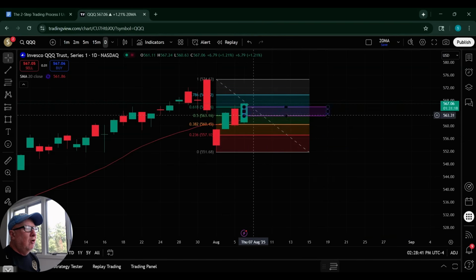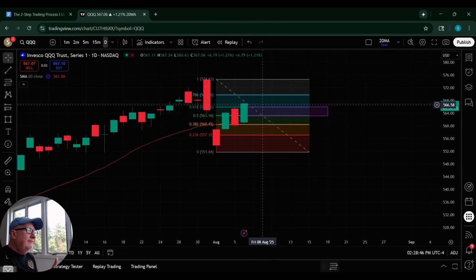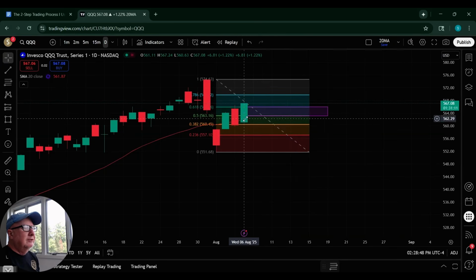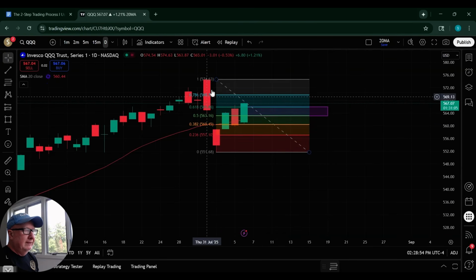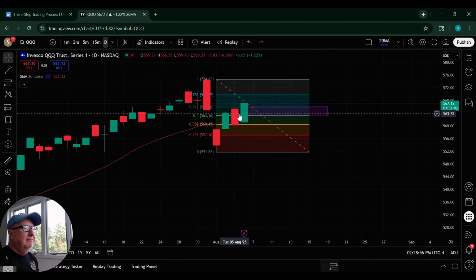As you can see, we've gone through that level. So I'm sort of 50-50 on whether there's going to be a retracement and then a move lower, or we're just going to ignore this pullback completely and keep moving higher. But I want to look in this area, right? This is the structure I have with the Fibonacci's and the retracement.